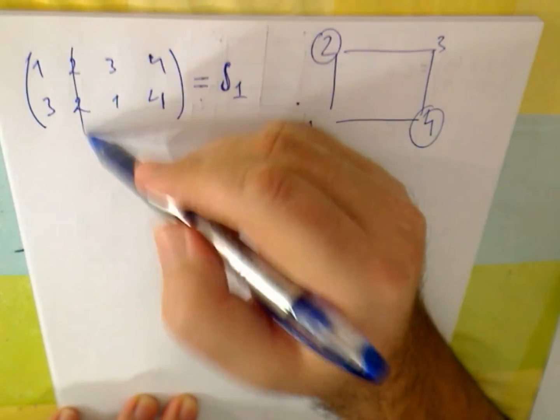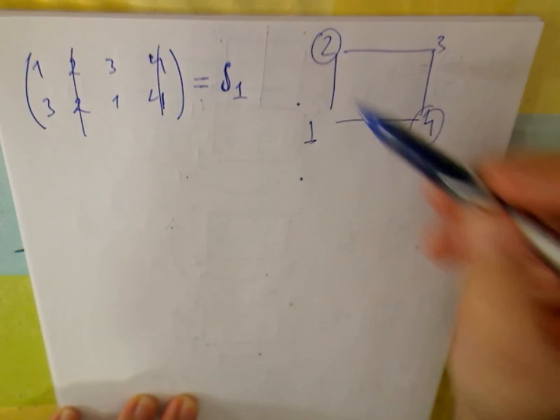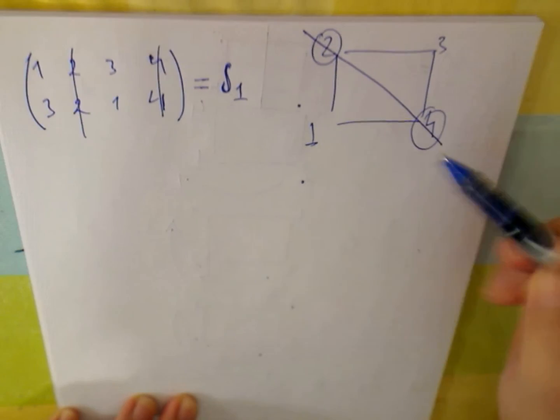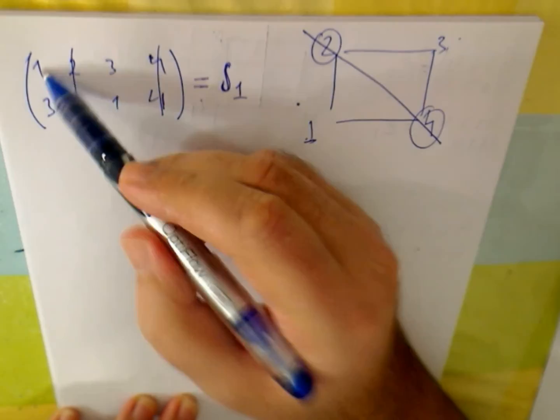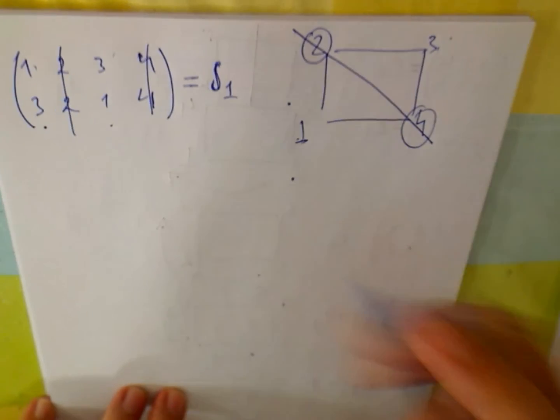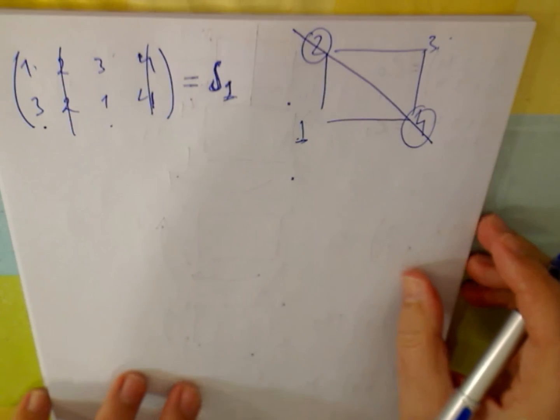That's what we did here. We kept 2 and 4. So we had this diagonal, and we switched 1 and 3. 1 goes to 3 and 3 goes to 1. And I'm going to choose delta 1 for this.